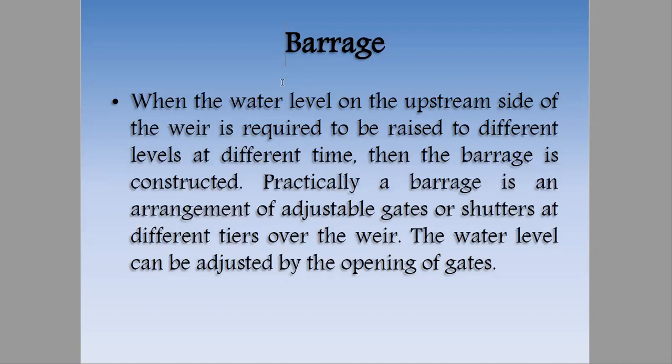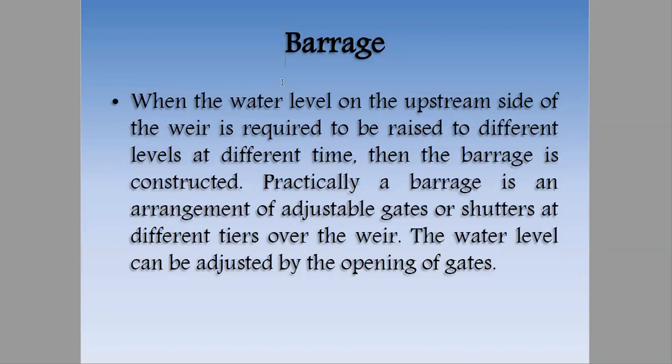When the water level on the upstream side of the weir is required to be raised to a different level at different times, this could be the perfect definition for a barrage. That is, at the diversion headwork, when we need to raise the water level to different levels at different times.